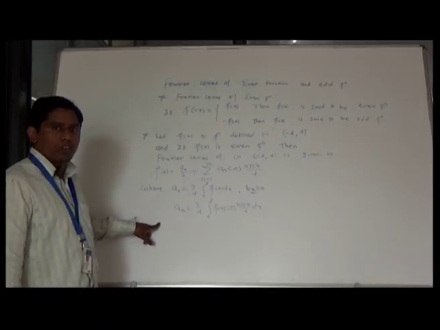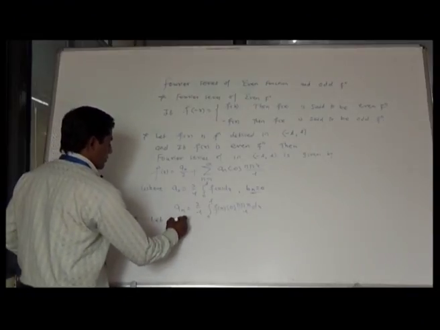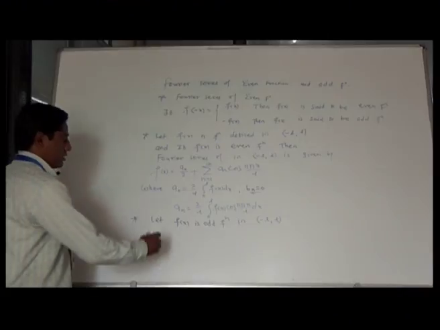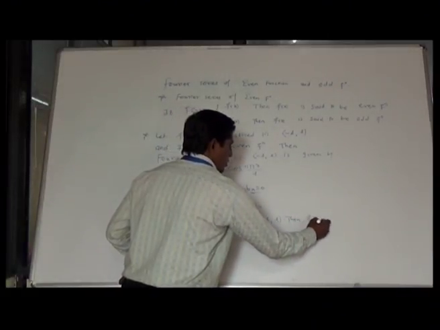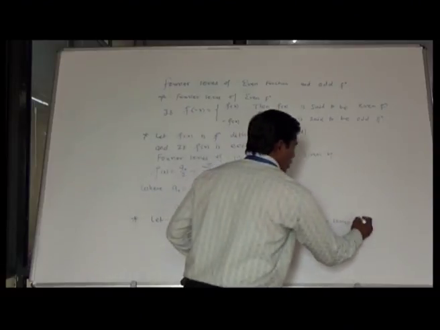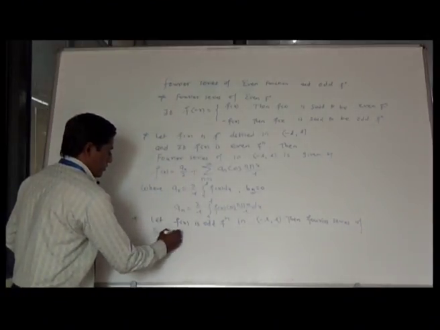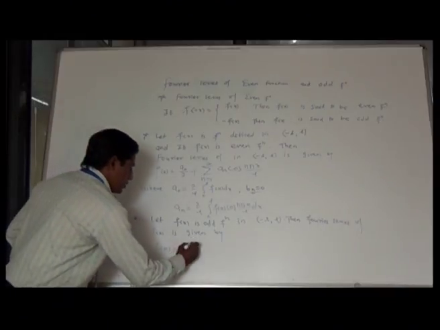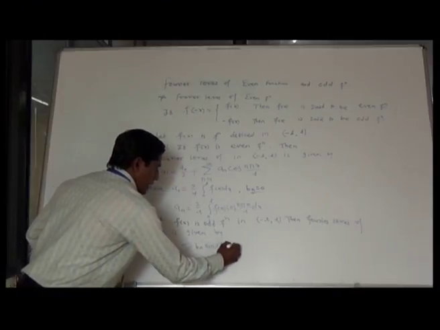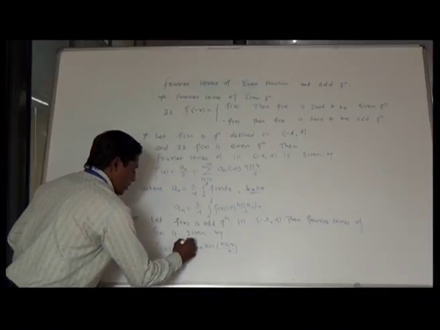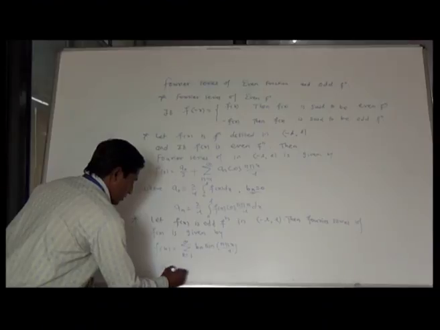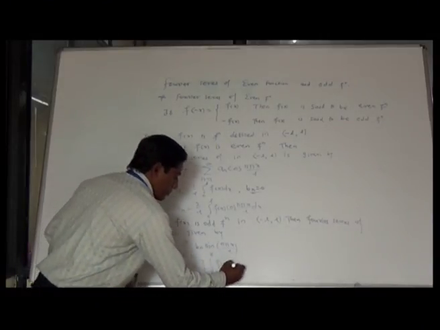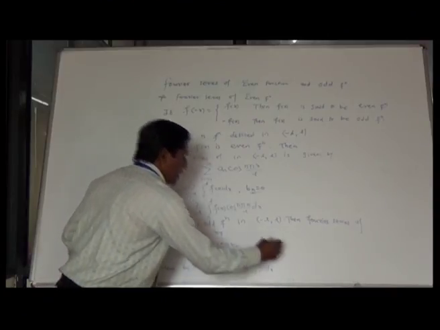Now we write the formula for Fourier series of odd function. Let f of x be an odd function in minus L to L, then the Fourier series of f of x is given by f of x equal to summation of bn sin n pi x upon L, n running from 1 to infinity, where bn is 2 by L integration 0 to L f of x into sin n pi x upon L dx.